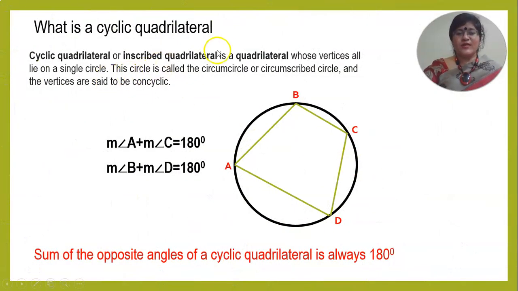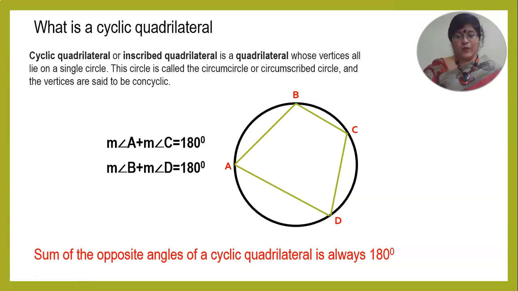Now, what is a cyclic quadrilateral? You have done problems based on cyclic quadrilateral in the first periodic. You had questions based on that. So you know that ABCD, this quadrilateral is a cyclic quadrilateral, and the opposite angles of this cyclic quadrilateral are supplementary.